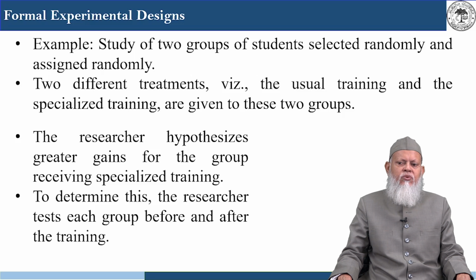Now, these two different treatments, that is independent variables, would be given as treatment, the usual training and the specialized training, to these two groups. So, the usual training is given to the control group and the specialized training is given to the experimental group. Of course, both have been selected and made randomly.